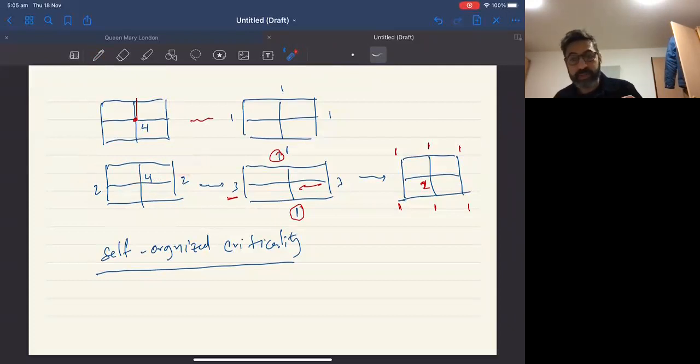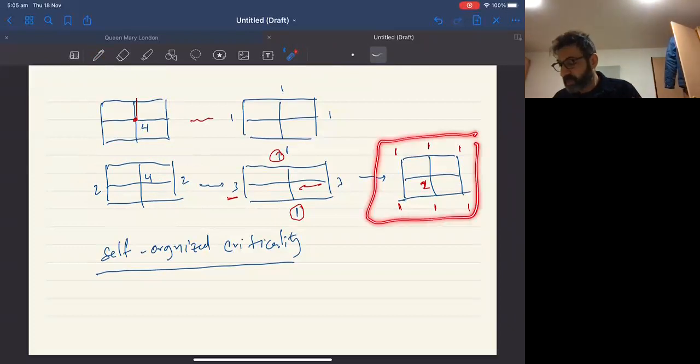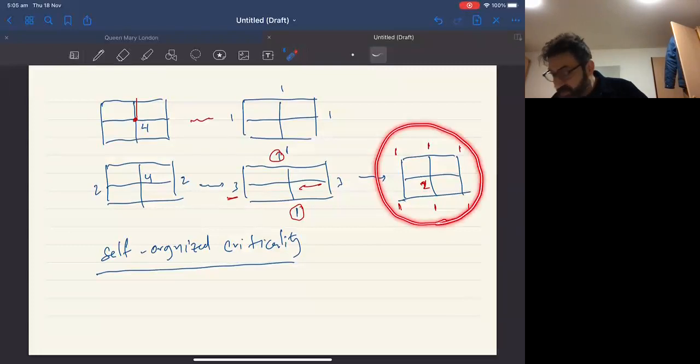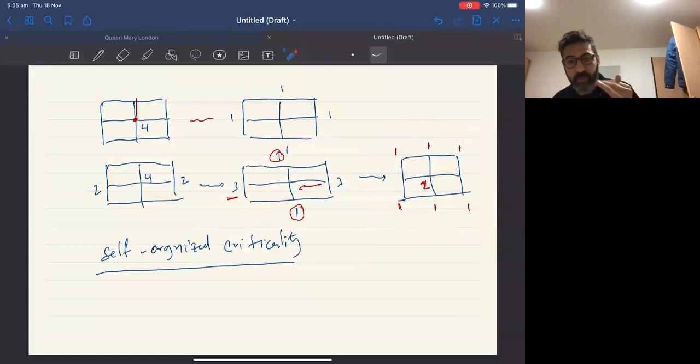It keeps doing this process until it stabilizes. So self-organized means it keeps doing this without any input from outside, and it organizes stably, but barely stable. So criticality means it's barely stable. What does that mean? That means if I add 1 grain of sand here, it becomes 2 and it fires again. Or if I add another grain of sand here, it becomes unstable and fires again. So it's stable, but it's barely stable.